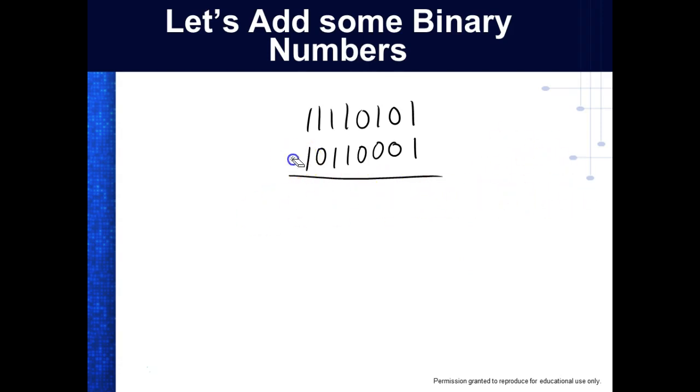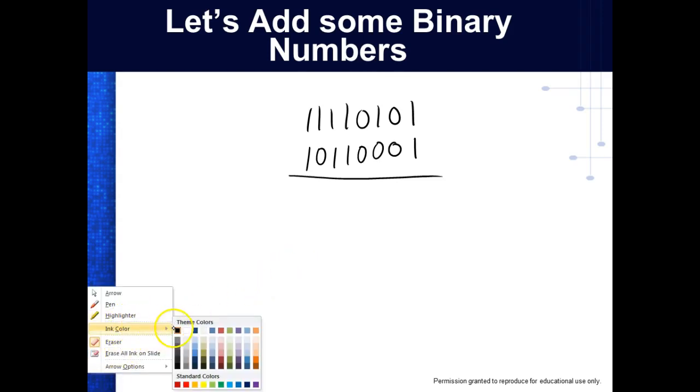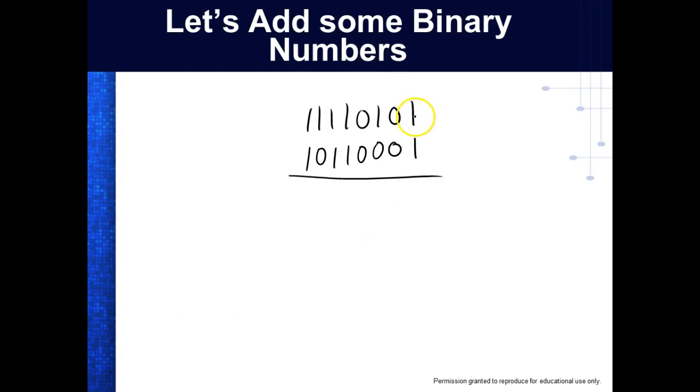So how would we subtract these things, guys? Somebody give me some ideas. So 1 minus 1 is 0. 0 minus 0 is 0, 1 minus 0 is 1, and so on down the row.